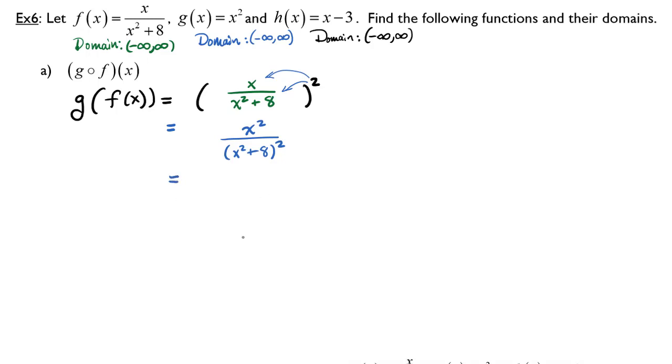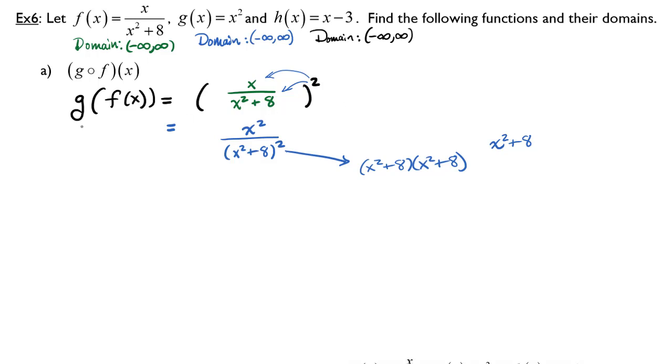From here, we could FOIL the denominator because technically this denominator is the same as x squared plus 8 times x squared plus 8, but it's not necessary. When I look at the denominator, I see that there again are no restrictions on my domain because this x squared plus 8 has no points at which it will be 0.